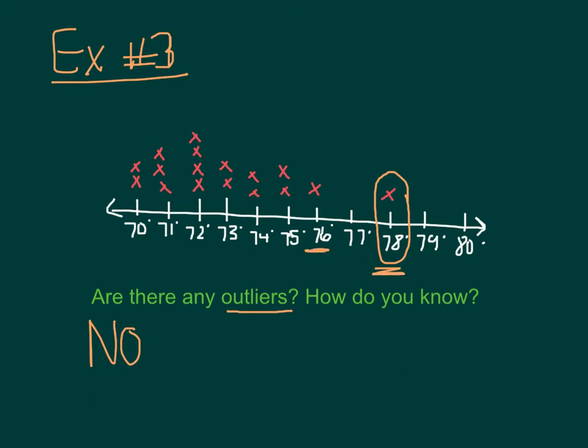It's only 2 away from 76. That's not really that far when we were counting. Now, if the x was all the way over here by 80 and there was nothing on 78, we might say that's an outlier because it's pretty far away from the rest of the numbers.